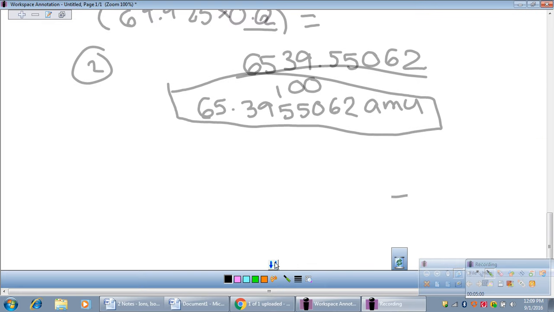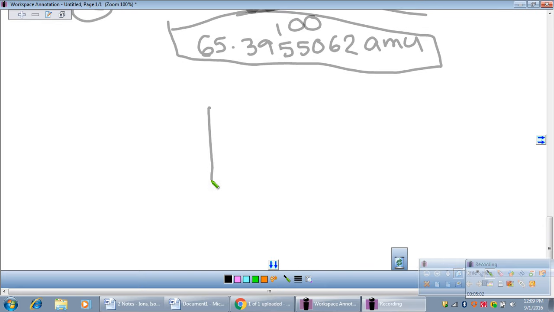Now let's talk about the graph. In a graph, you can graph the different isotopes and their percent abundance. The percent abundance goes on the y-axis. The mass number goes on the x-axis.